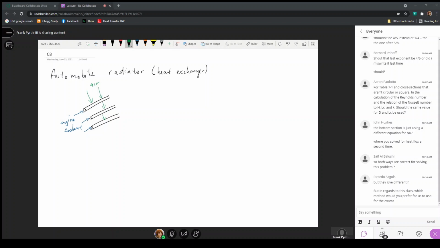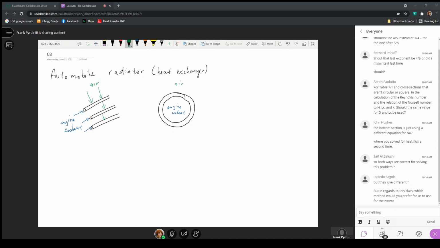So here is where we would have this. Of course, there'd have to be a balancing of the heat transfer. If I look here at the inside or a cross section of one of these tubes, so let's say on the inside, again, I have engine coolant, and I have air on the outside.